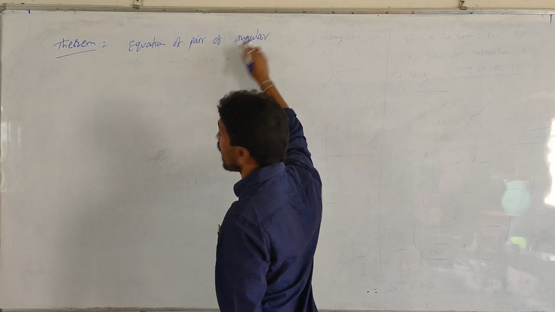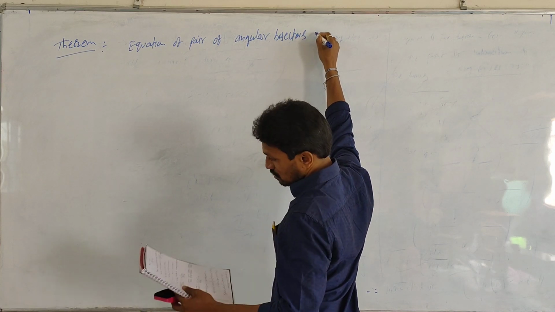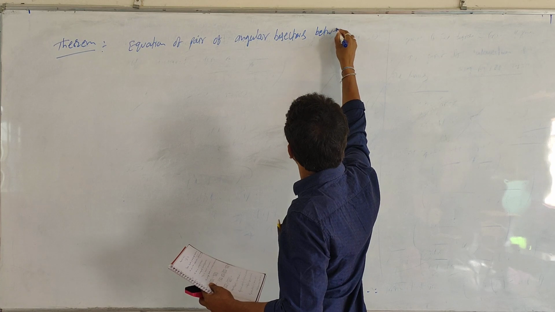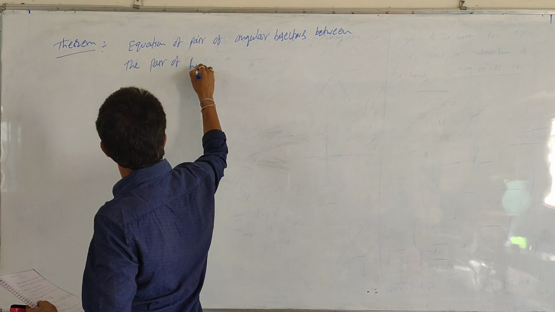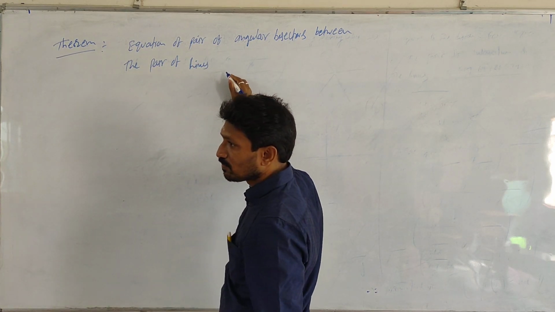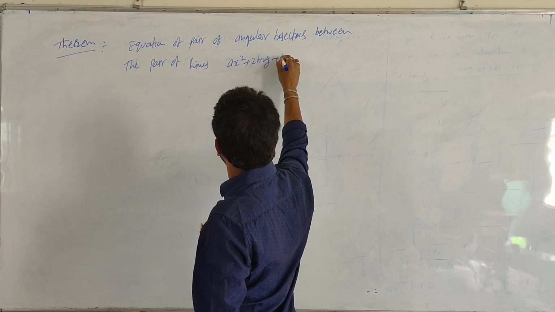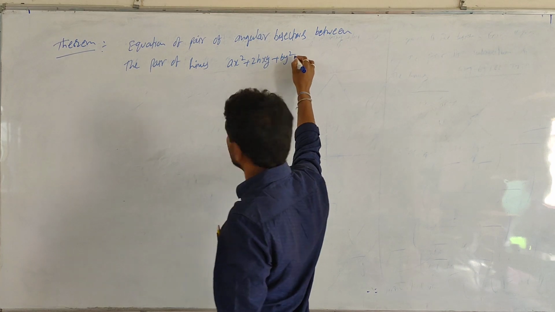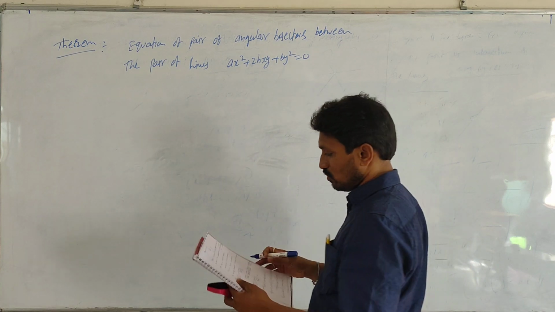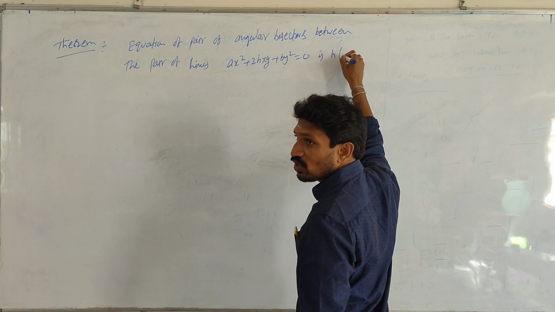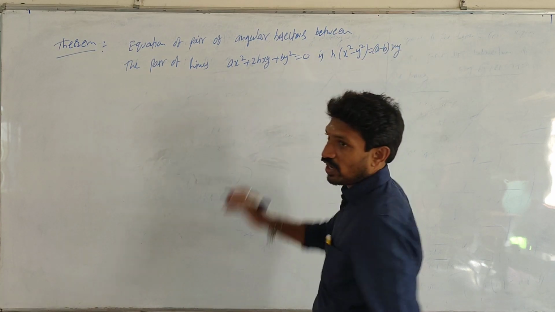So we are going to find these angular bisectors between the pair of lines ax square plus 2hxy plus by square is equal to 0, is h times (x square minus y square) is equal to (a minus b) into xy.